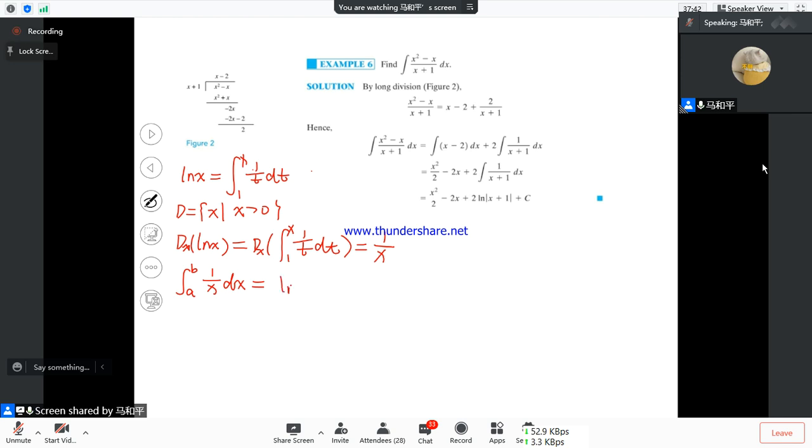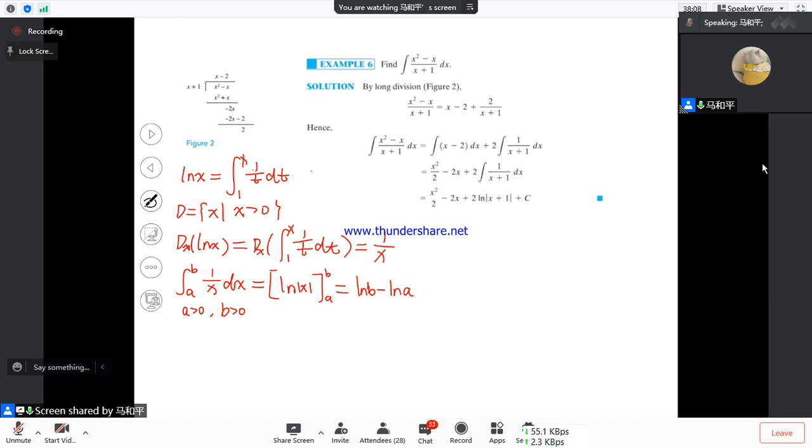So this is ln x from a to b. If a is greater than 0 and b is greater than 0, we have ln b minus ln a.